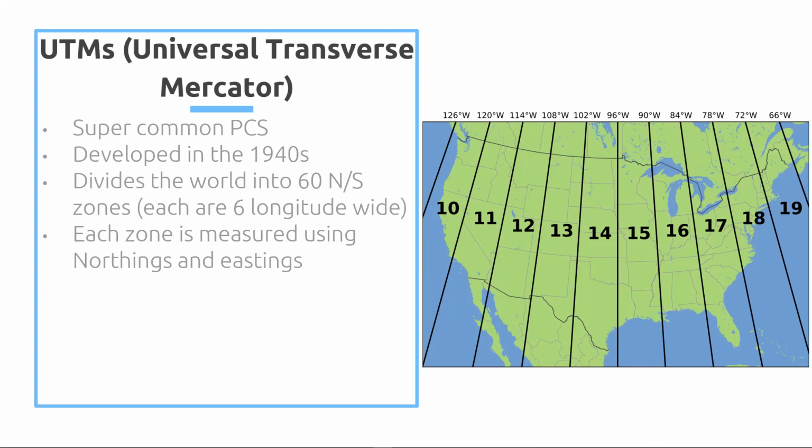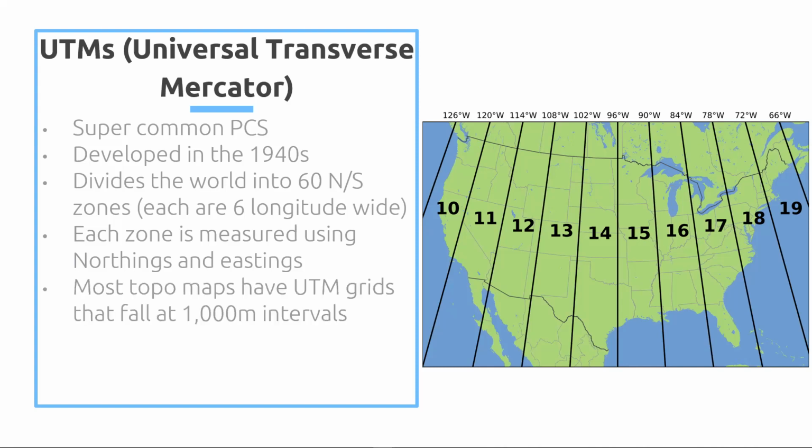A lot of projections use meters or kilometers, for example, but this uses northings and eastings. We're going to have a week where we talk about topographic maps and compasses, and we'll talk more about northings and eastings then. Most of the grids are at roughly 1,000-meter intervals that separate each grid line. So that's part of why it's so useful.